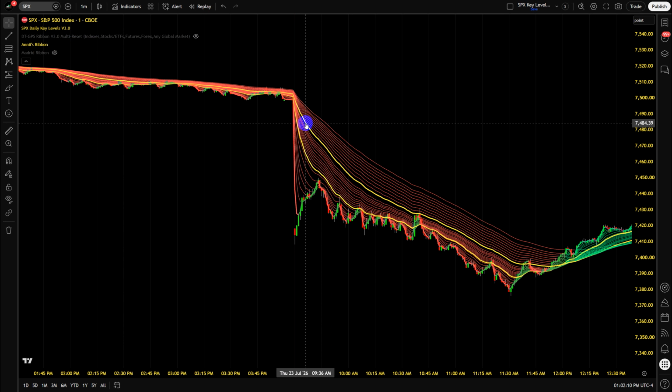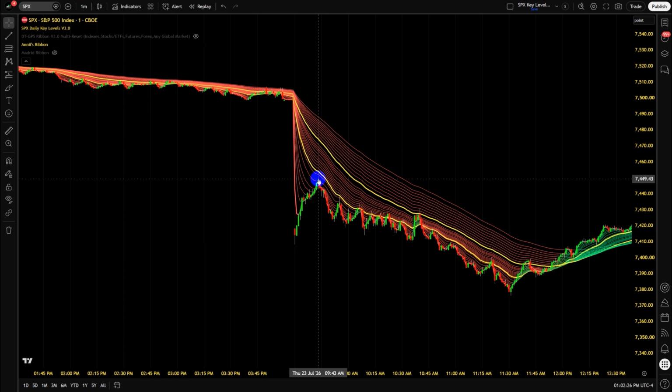Versus here, you're seeing an all red ribbon here. However, if you're taking this entry here based on that at the beginning, remember you're getting a move all the way from about 74.18, 74.15, all the way up to 74.50.